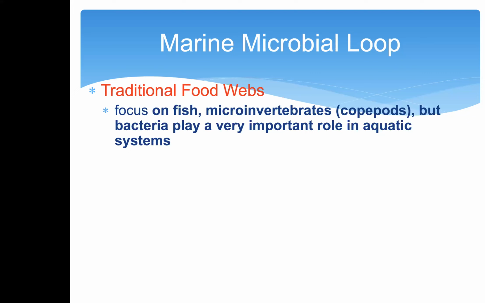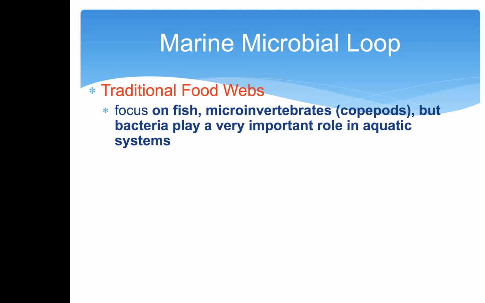So what is a food chain? What did you guys learn in 4th grade science about what a food chain is? Animals eating each other. Yeah, so little things being eaten by bigger things, being eaten by bigger things, right?